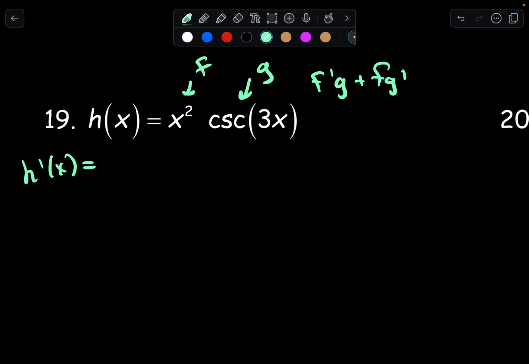All right, so h prime of x. f prime is going to be the derivative of x squared, which is 2x, times cosecant of 3x, plus we'll have f, which is x squared, times the derivative of cosecant 3x. So cosecant's partner is going to be cotangent.